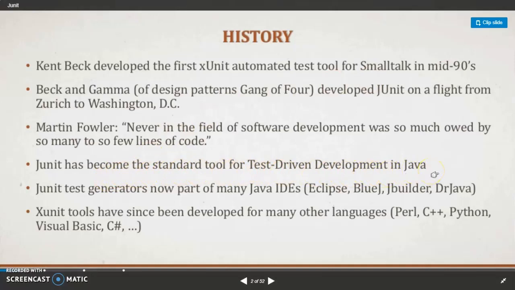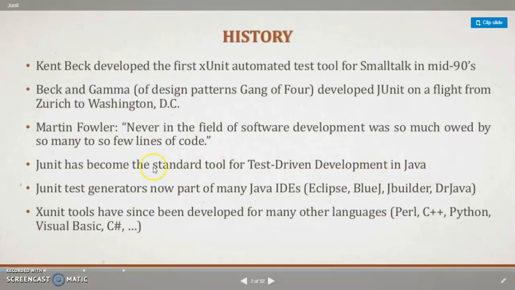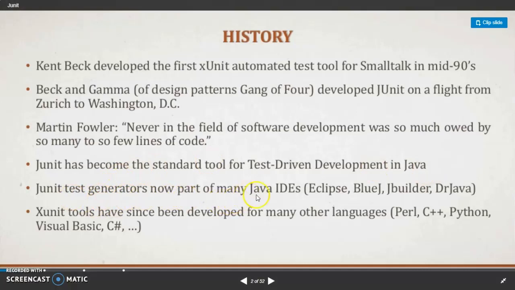It is one of the most preferred tools for testing Java projects specifically, because JUnit is now part of many Java IDEs: Eclipse, BlueJ, JBuilder, DrJava, and of course NetBeans. It can also be used for many other languages, like C++ and Python. JUnit is pretty popular and still used today by many companies.